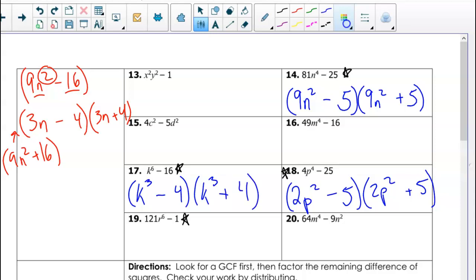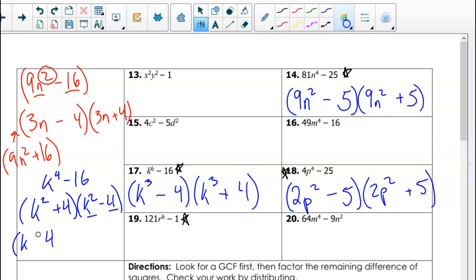Now in this case, if it was k squared and 4, then I could keep breaking it down. So let's say I got an example that was k to the 4th and 16. Well, that would give me k squared and 4. But k squared and 4 can be broken down again.